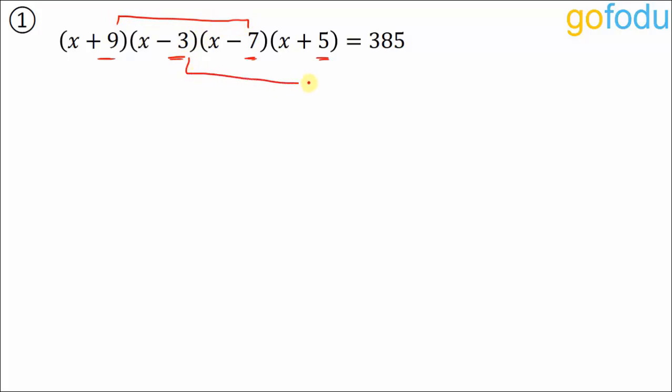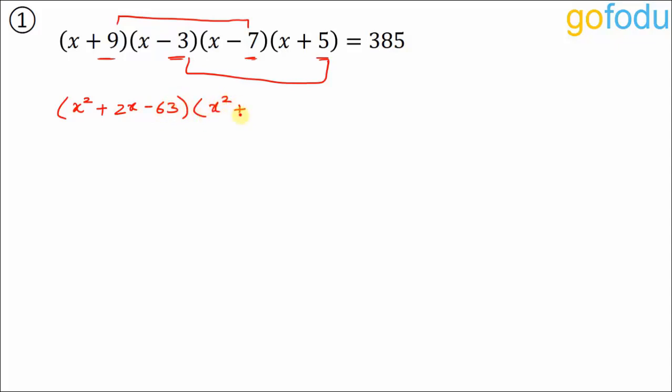Similarly minus 3 and 5 when added will give 2. So these are the pairs that we are going to work with. x plus 9 will get multiplied to x minus 7, and x minus 3 will get multiplied to x plus 5.